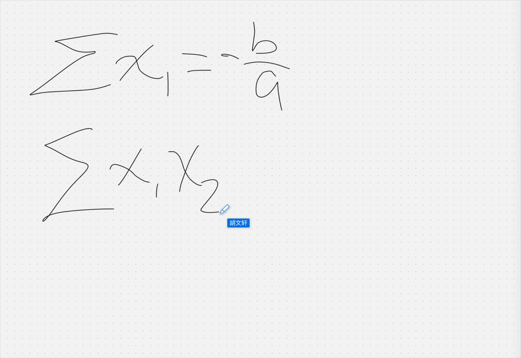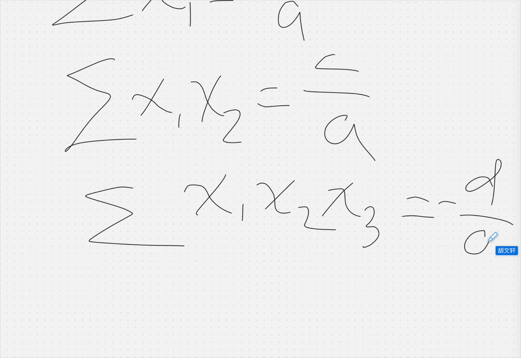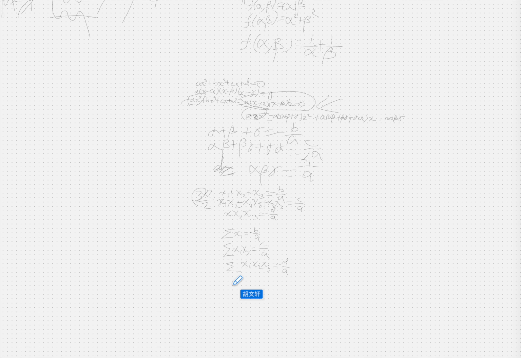And the last one, which is the trio sum of the multiplication of 3 different roots, gives you negative d over a. So essentially that's just how you prove Vieta's formula for quadratic and cubic equations.